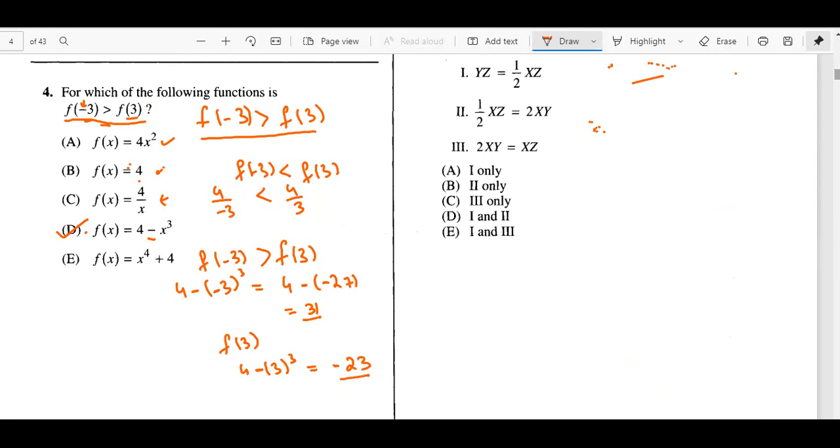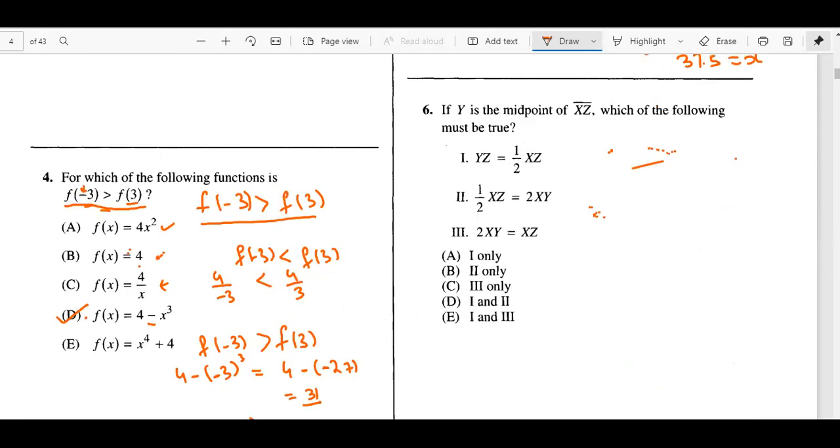Now we have the sixth question. The sixth question is, if y is the midpoint of xz, xz is basically a line segment, which of the following must be true? Now before reading anything, let's just understand this. So xz is a line segment.